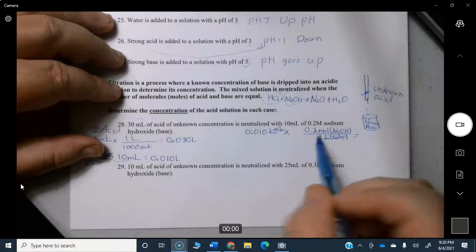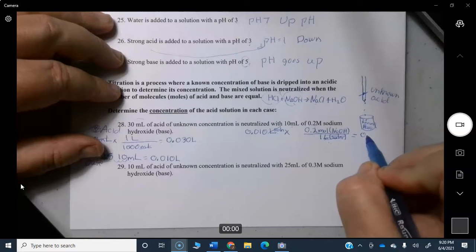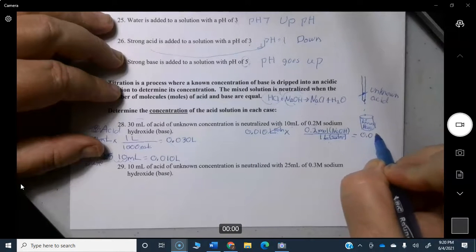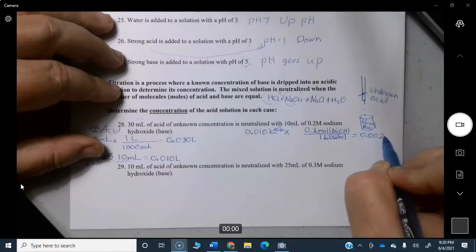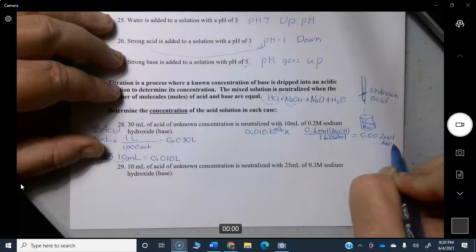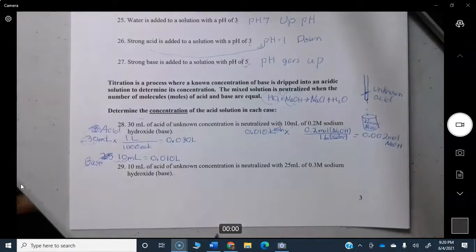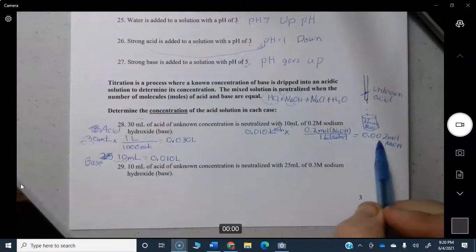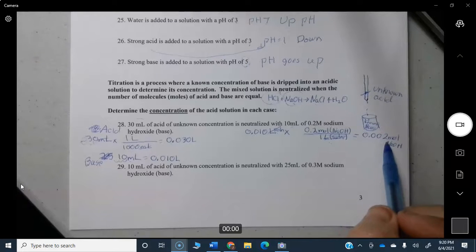So 0.01 times 2 is going to equal 0.002 moles of NaOH. Okay? So that tells you basically how many molecules of NaOH you have, but we're talking in terms of moles, big bundles of molecules.